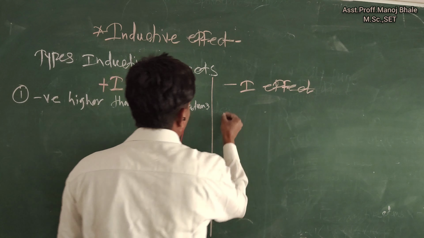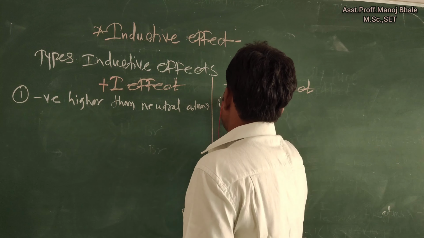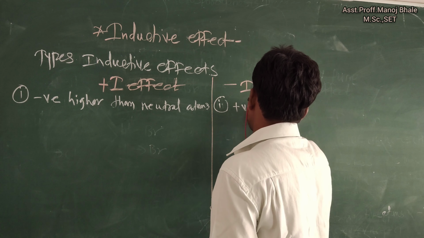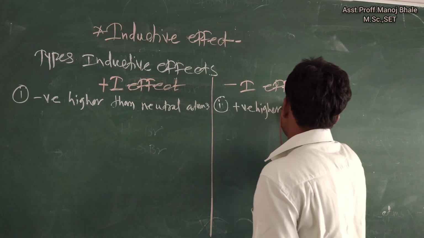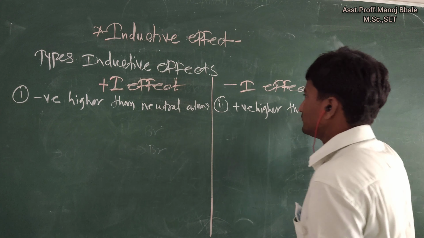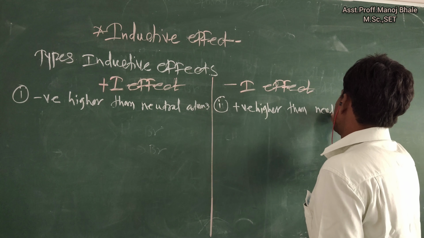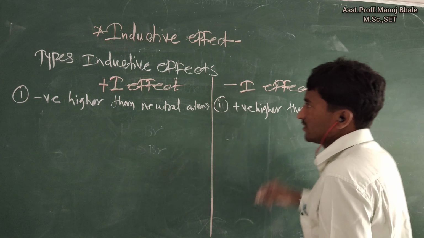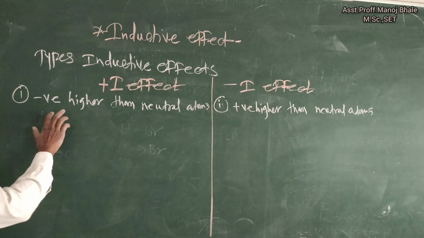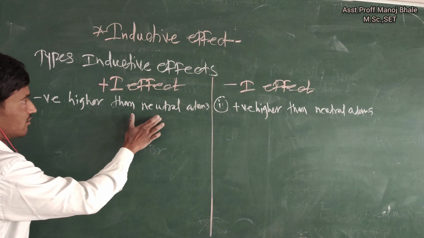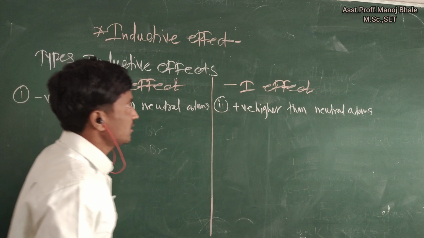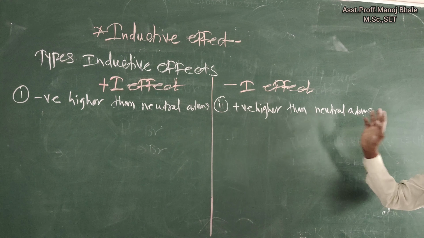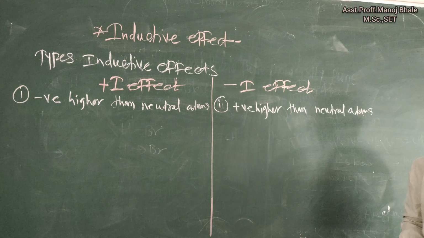While in the case of the minus I effect, plus charge higher than neutral atom. So in the plus I effect, the minus charge is higher than the neutral atom, while in the minus I effect, the plus charge is higher than the neutral atom. So that is the first point.